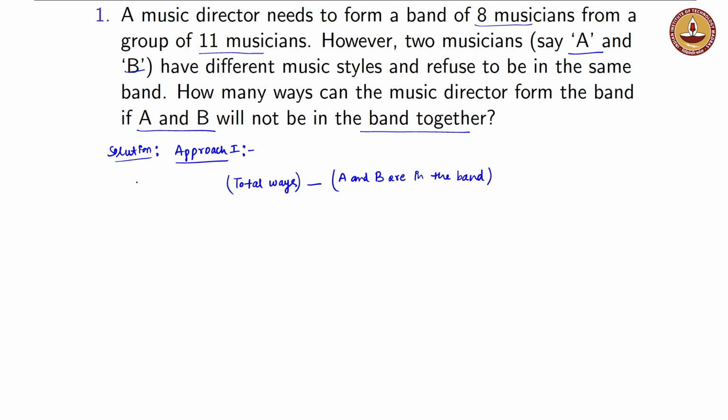Fine, so this is the required ways. This is one way of solving this kind of question.